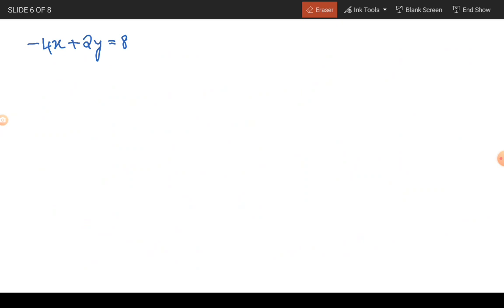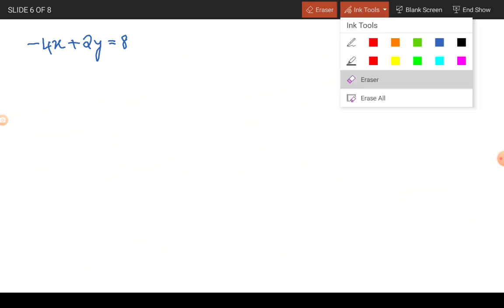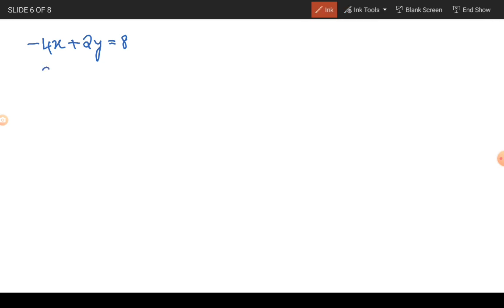So first I'm going to convert this equation into the general form of y equals ax plus b. So I'm keeping 2y is equal to negative 4x goes to the right hand side, so it is 4x plus 8. So I can write this as y is equal to 4x plus 8 whole divided by 2.